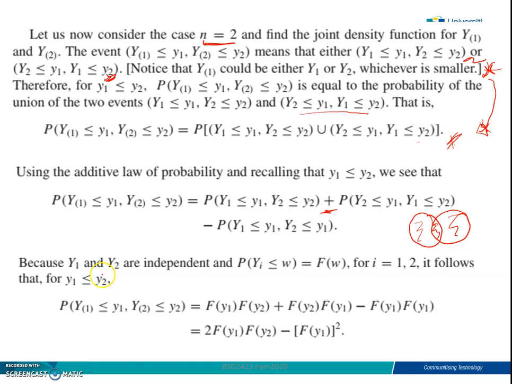It follows that, for y1 less than y2, because of independence you can multiply: the distribution function of y1 times the distribution function of y2, plus the distribution function of y2 times the distribution function of y1, minus the distribution function of y1 times the distribution function of y1. When you simplify, you get this.